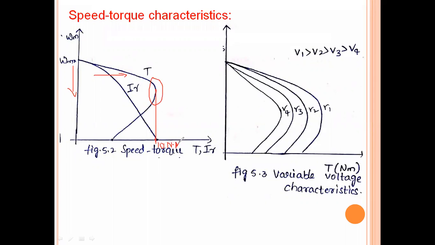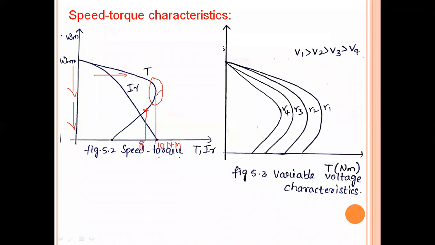After that point, the torque also starts decreasing with the decrease in speed. The speed is gradually decreasing, and you can observe the torque is also decreasing. At this point the torque is maybe around 8 Newton meter, whereas previously it was 10 at the breakdown point.